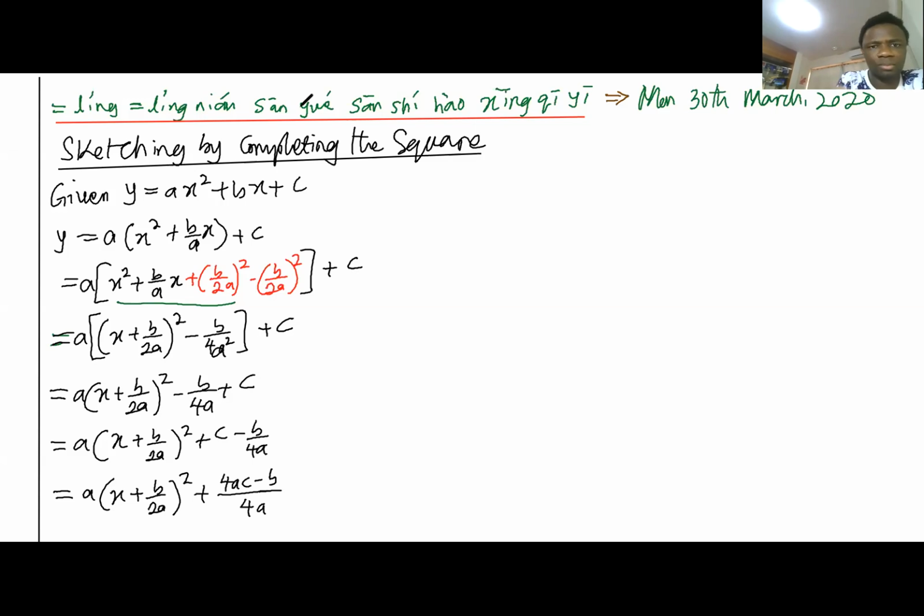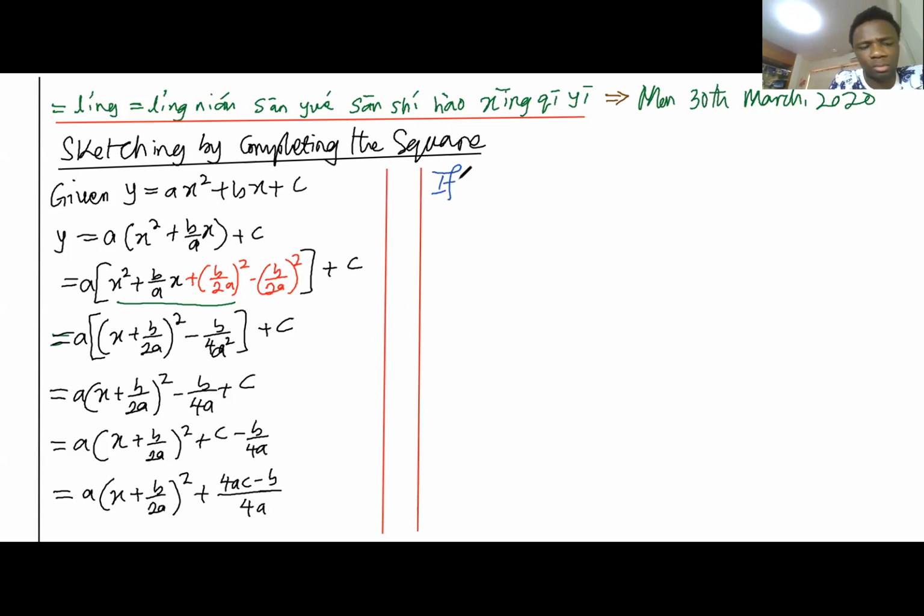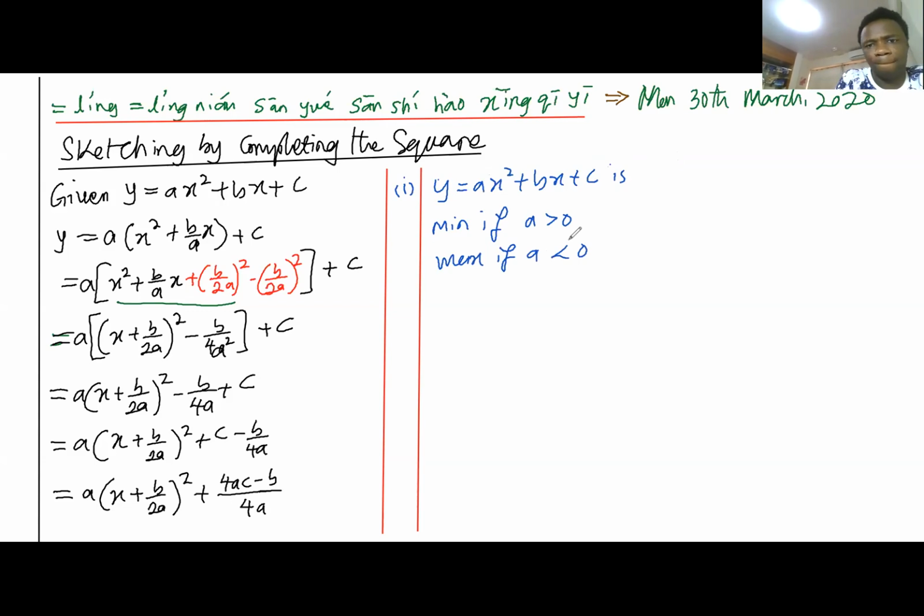So if a is greater than 0, y equals ax squared plus bx plus c is minimum; if a is less than 0, it is maximum.